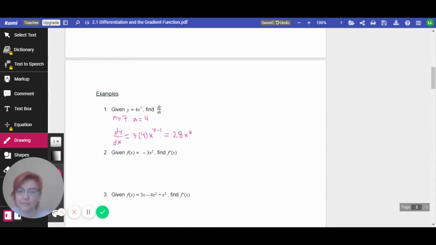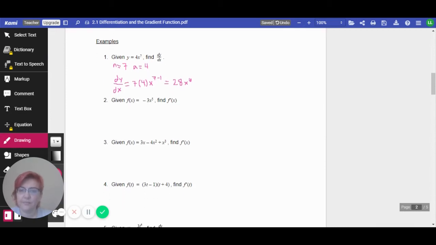Let's do some more. Here I have f of x, and I'm looking for f prime of x, which is looking for the gradient function or derivative. My n equals 5, and my a equals -3.